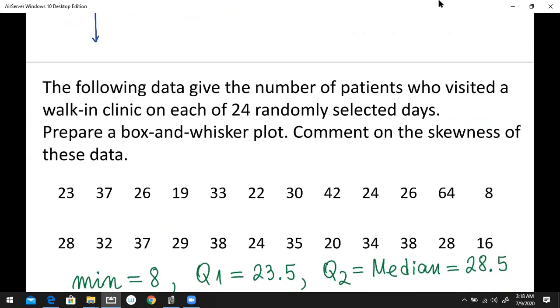Okay, so in this case, 64 is going to be an outlier. We didn't talk about the skewness of this data, but I can show you the idea of this one.